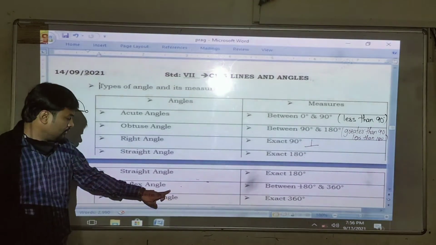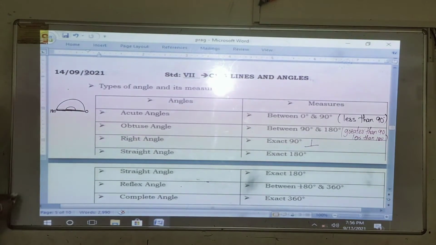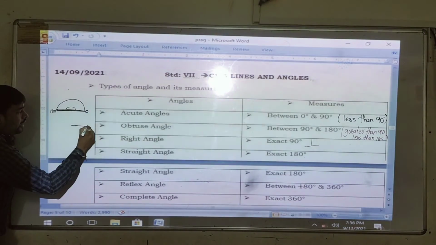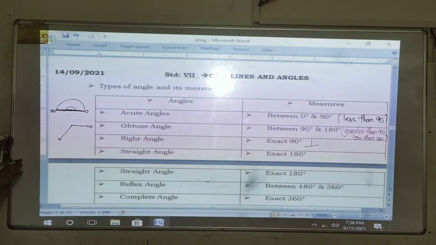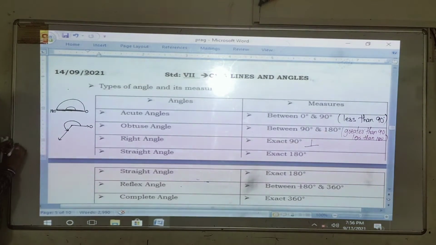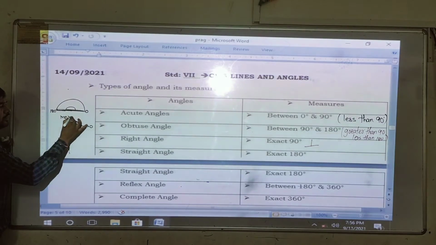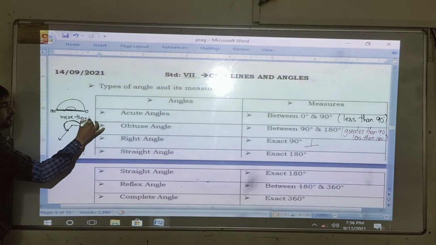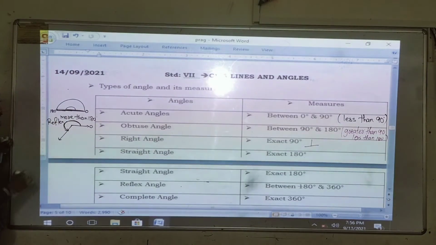Reflex angle. Reflex means what? An angle that forms something like this. From here, 0 to 180 it came close, but from there it went back, it reflexed. So how much has it come to? This much. So this outer angle is more than 180. That's why it is called a reflex angle.